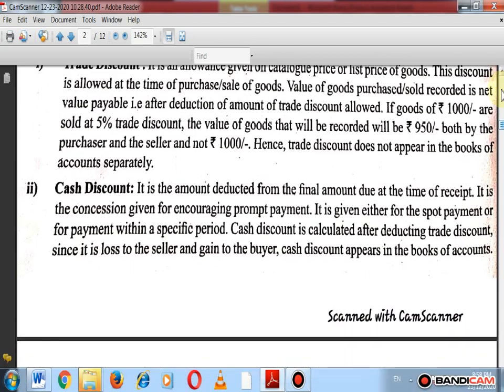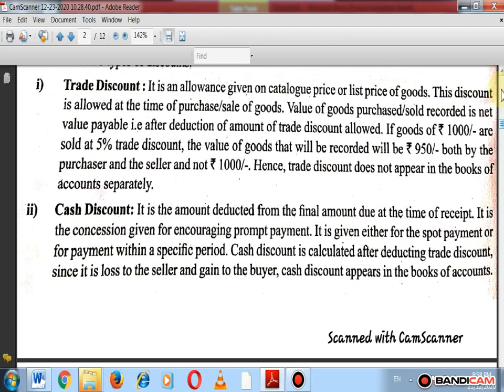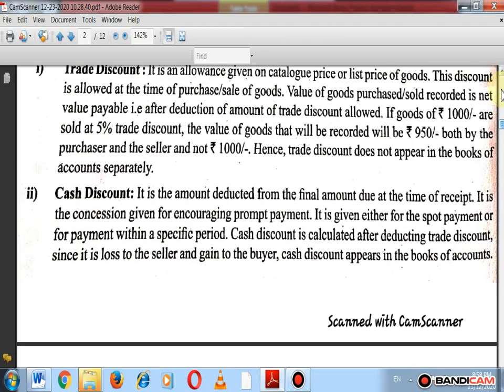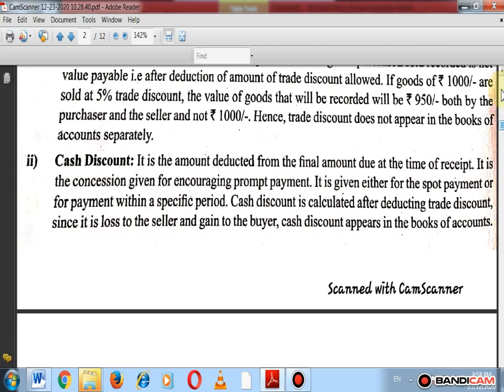Cash discount is exactly opposite to trade discount. Cash discount is recorded in the books of accounts. If we sold goods of 1000, the entry will be: cash account debit.